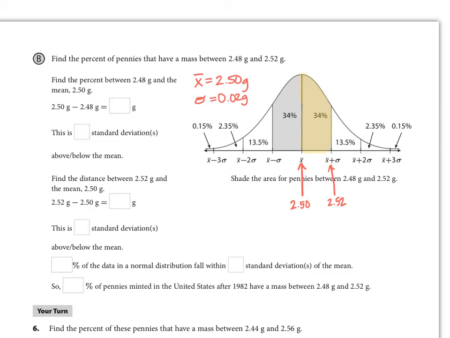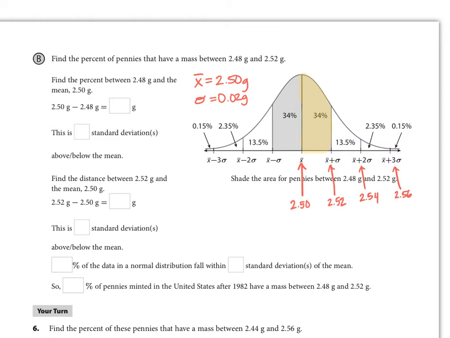Okay. And then let's fill out the rest of this number line here. So I know that if I add 2 standard deviations, oops, that's the wrong color, then I'm going to do 2.50 plus 0.02, then plus 0.02 again. I'm adding 2 of those. So it's going to be 2.54. And then 3 standard deviations away is 2.56.